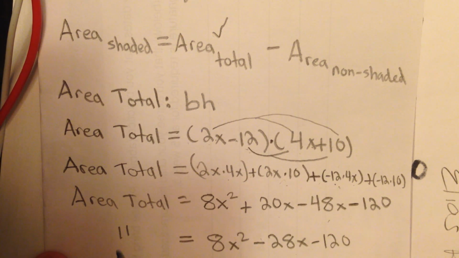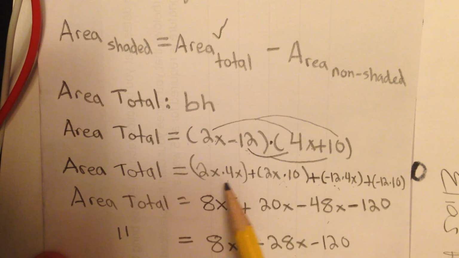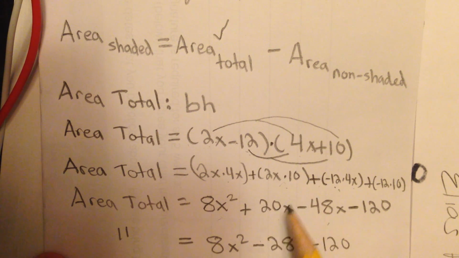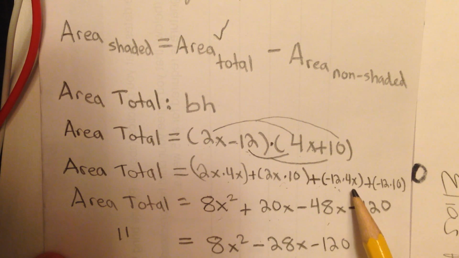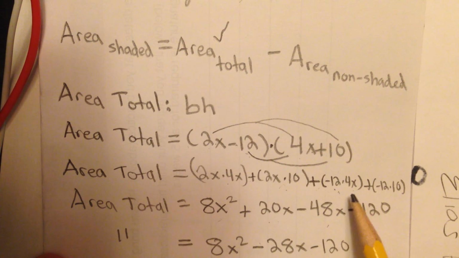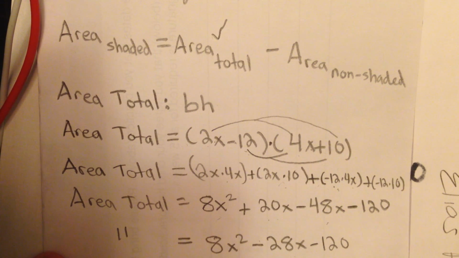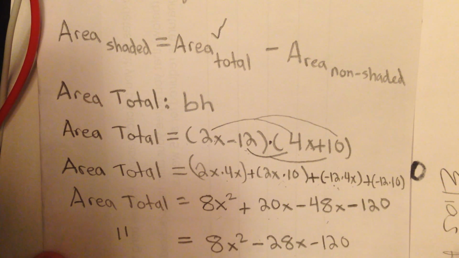So the area total is equal to 8x squared, plus 2x times 10, which is 20x, plus negative 12 times 4x. Negative 12 times 4x is negative 48x, and since we're adding a negative, we're just subtracting.